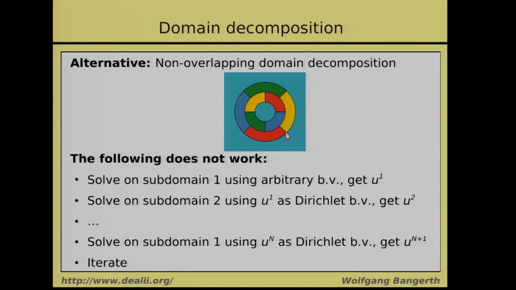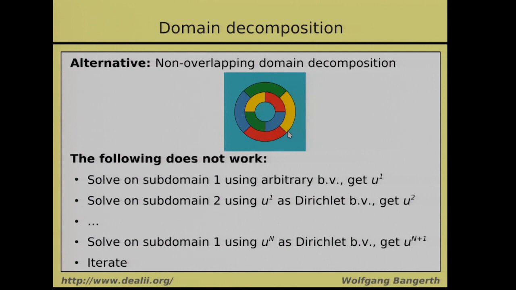For example, let's say I chose 0 boundary values. If I choose 0 Dirichlet boundary values for the blue solution on the circle, then obviously U1, my solution of this problem, is going to be 0 on that circle here. Now, if I take these 0 boundary values as the boundary values for U2, the solution on the yellow subdomain, I will get 0 boundary values here as well.